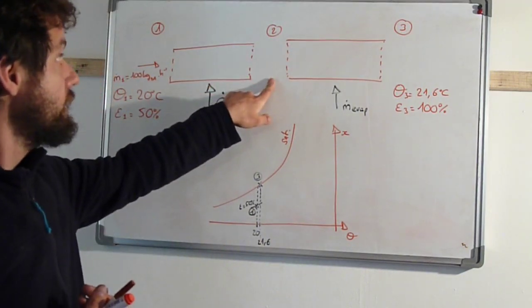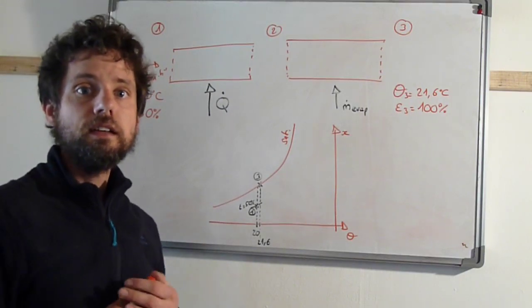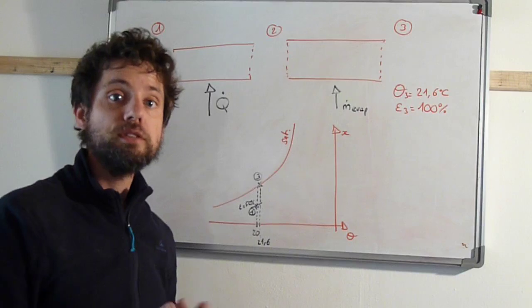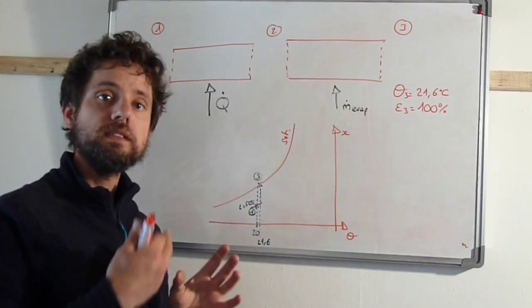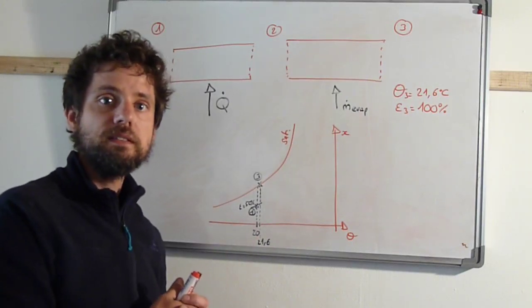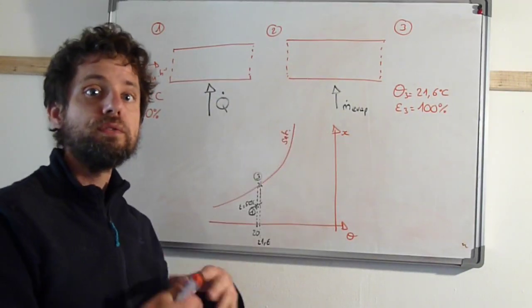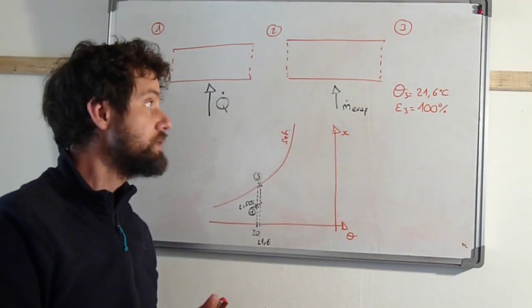So the air is heated until a point that I have named point number 2, and then the second part of the process is that this hot air is sent over a product that we need to dry.